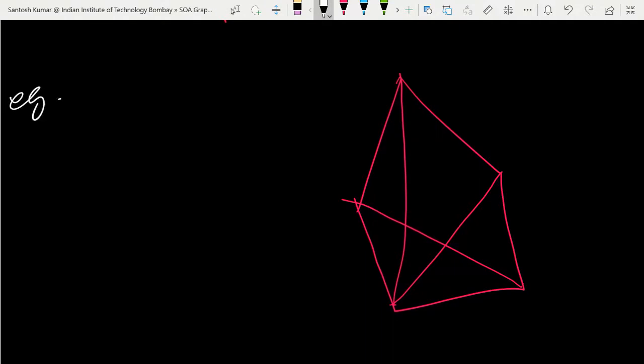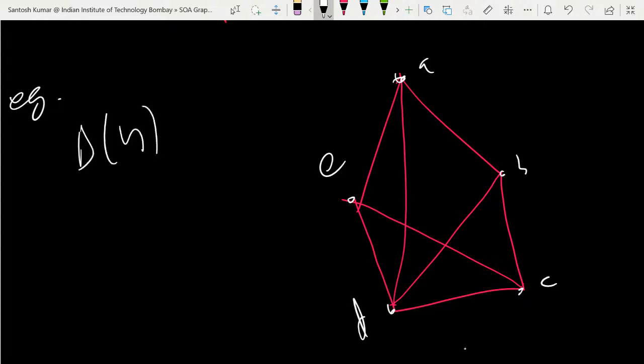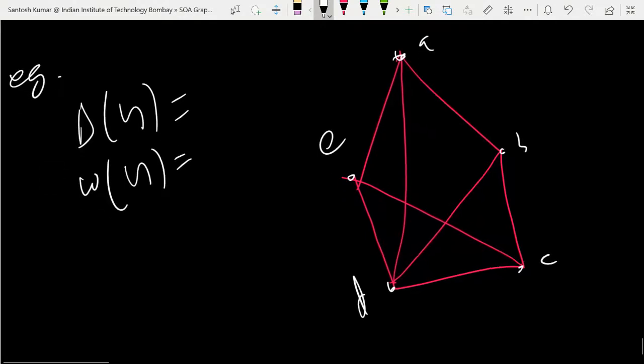So with A, B, C, D, E, we want the degree and the clique number. Then we'll try to decide the chromatic number.